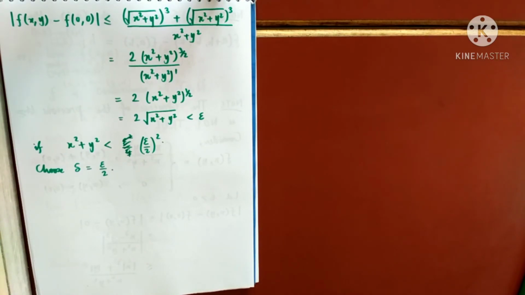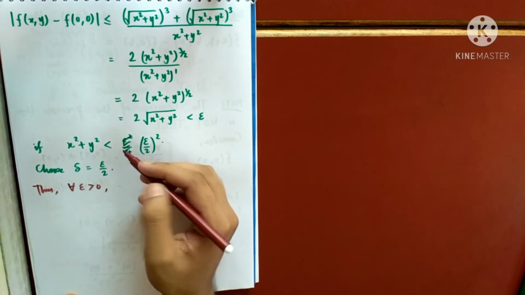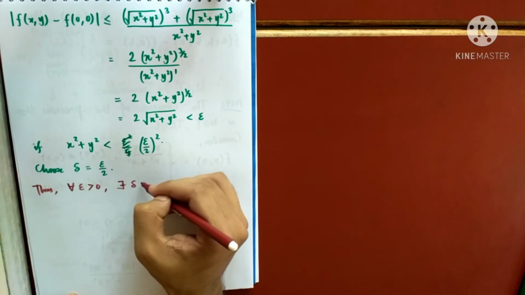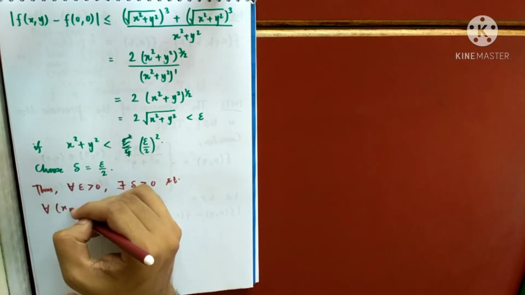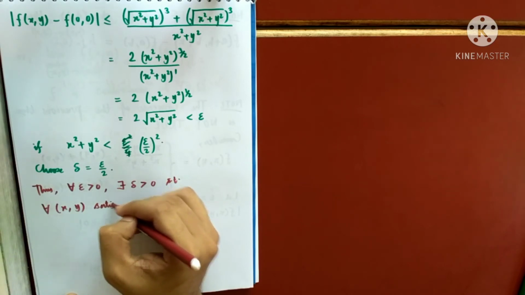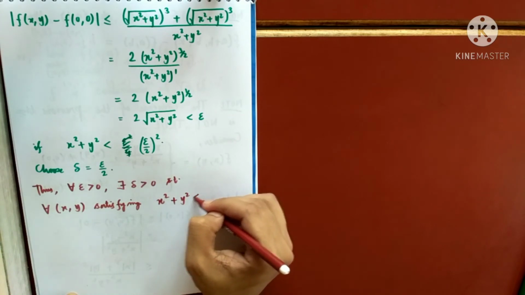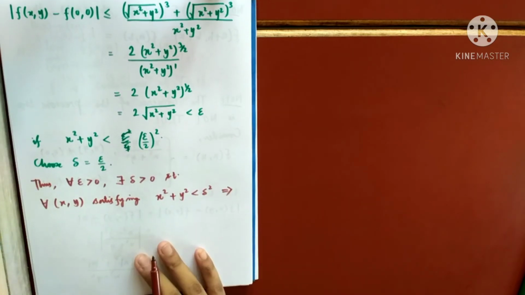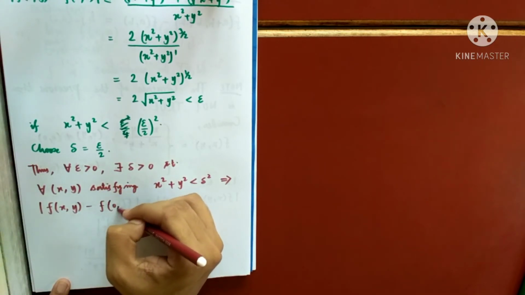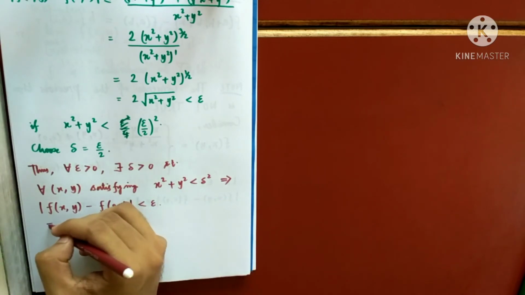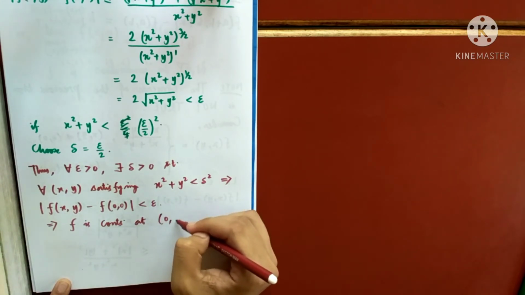That means you may write: for any epsilon greater than 0, there exists a positive delta such that for all (x, y) satisfying x^2 + y^2 less than delta^2 implies |f(x, y) - f(0, 0)| is less than epsilon, proving that f is continuous at (0, 0).